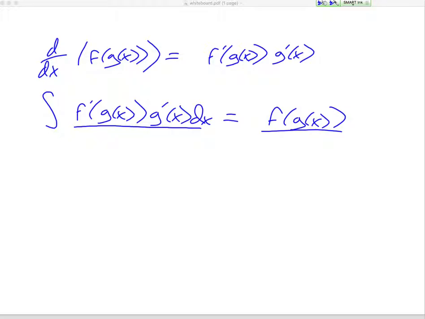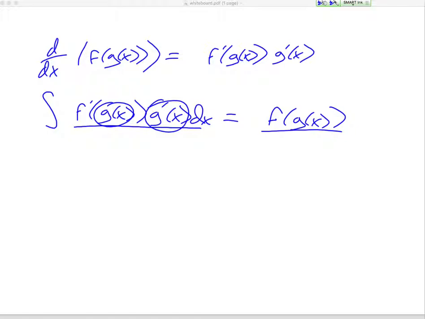The F. F is the only thing that was integrated, because I went from F prime to F. So that means the function inside, what has to be present of the function inside if I'm going to integrate? Its derivative. So if the derivative of the function inside is present, all I have to worry about integrating is F, the outside function.